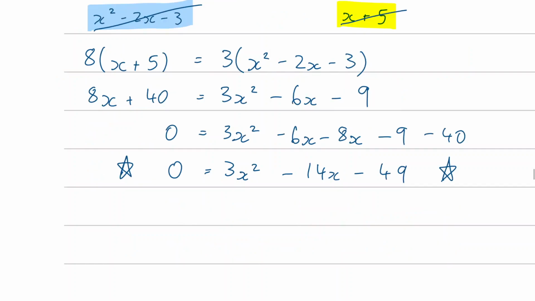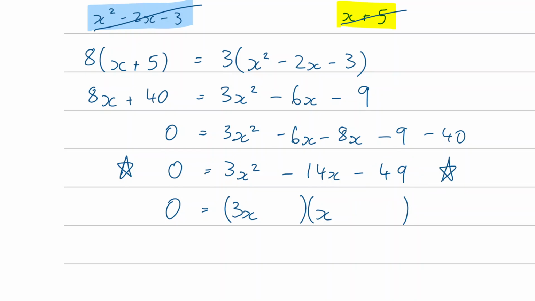So factorizing, we need our two sets of brackets. Looking at the coefficient of x squared, it is 3. So we're going to need one of our x terms to be 3x in order for this to expand out to give 3x squared. Because remember, expanding is the opposite of factorizing. The two numbers we pick must multiply to negative 49.